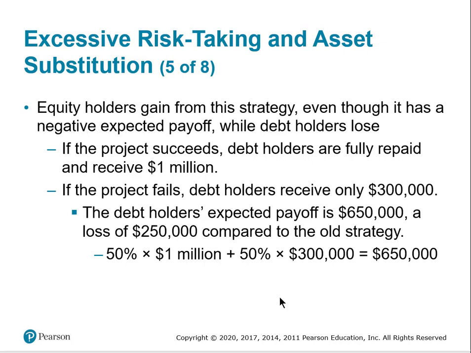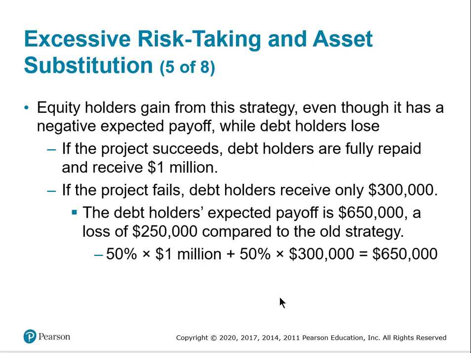And of course, debt holders are going to lose, right? So if the project succeeds, they get paid. But if it fails, they only get $300,000 out of the $1 million. So their expected payoff is $650,000, again, from the $900,000 that it was going to be worth.